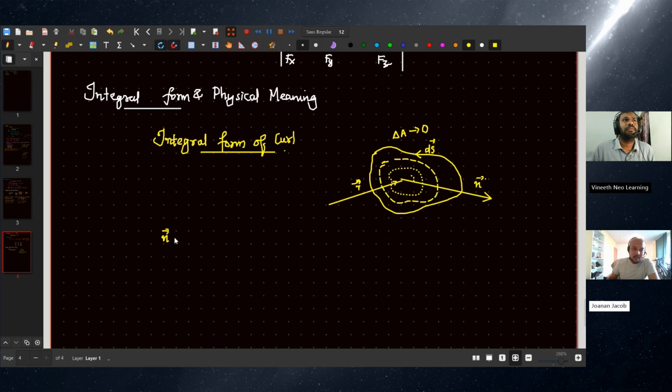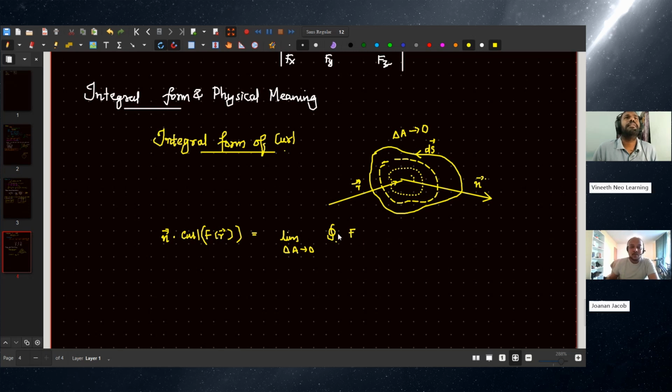The integral form says that n dot curl of the vector f of r is equal to the limit, delta a tends to 0, of the closed integral over the loop, f dot ds, divided by delta a.